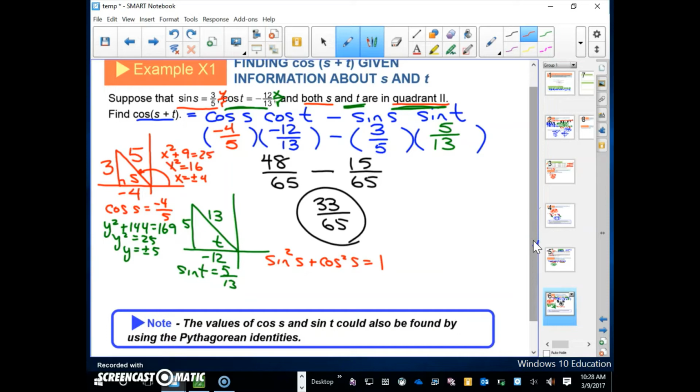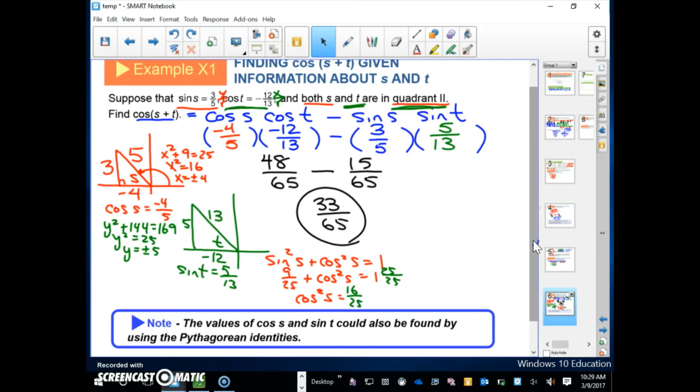They gave me sine S was 3/5. So if I squared that, that's 9 over 25 plus cosine squared S equals 1. Subtracting 9/25 from 25/25, I get cosine squared S equals 16/25.